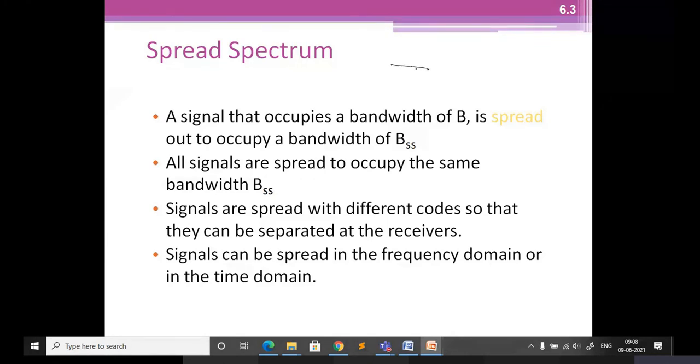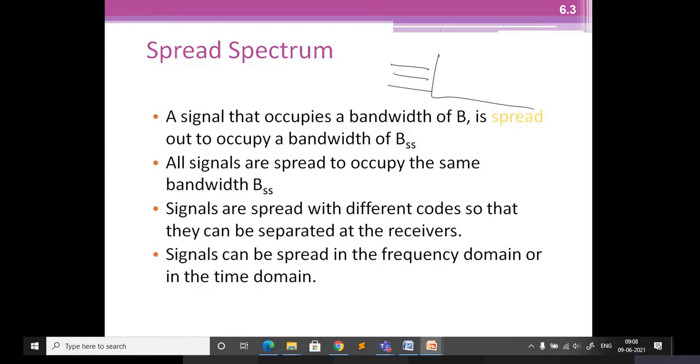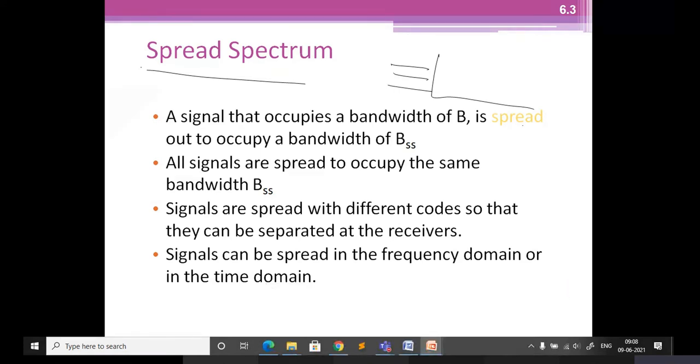Here also the data will come from multiple sources, and it should be spread across the bandwidth using the spread spectrum bandwidth. This is the incoming signal, and these signals go through this spread spectrum bandwidth.